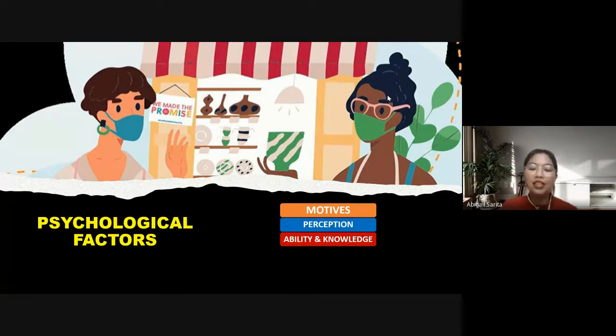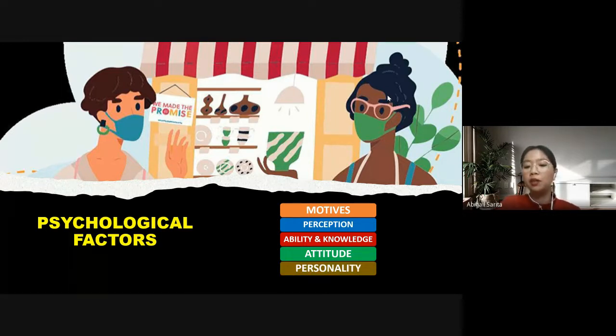Ability and knowledge. When we say ability and knowledge, do you have enough information about that products and services? So do you have your previous research or memory na factors before buying those kinds of products? Attitude, meaning your self personality or self characteristics when you are buying a products and services.